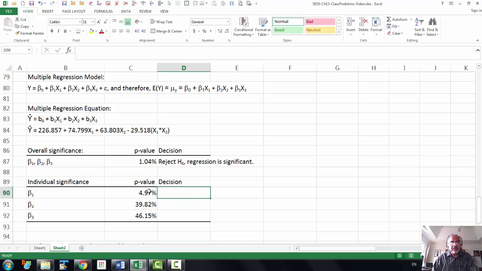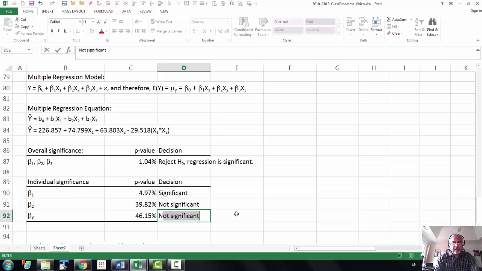The first p-value is less than 5%, so we can say this is significant, and not significant for the remaining two.